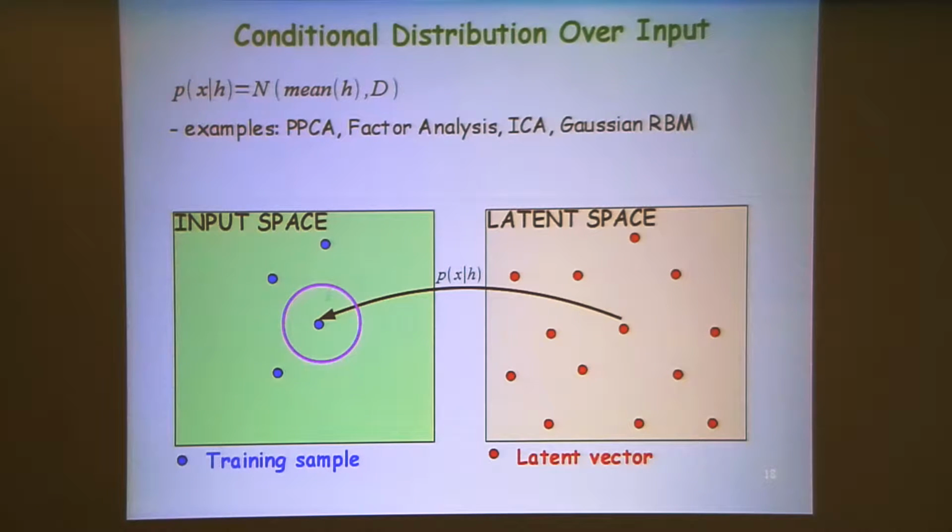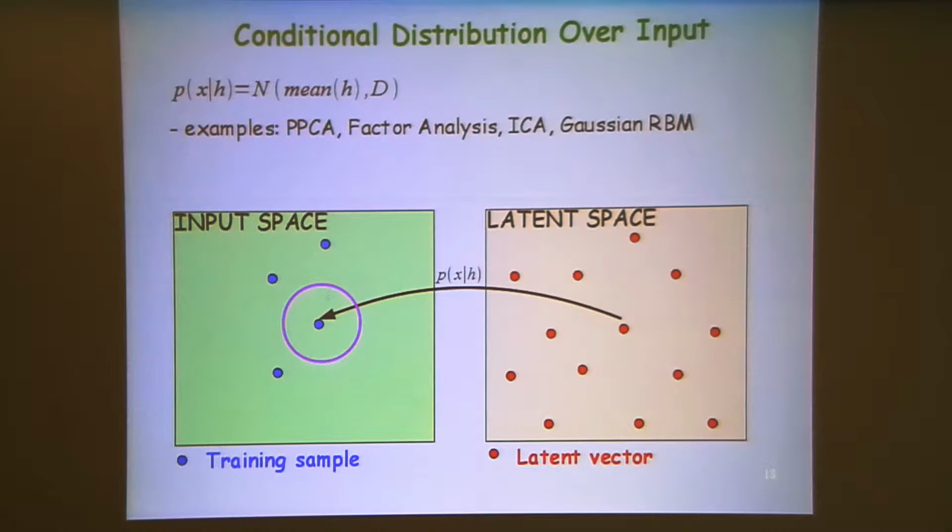And this is an alternative way of looking at things, and it is usually a bit easier. So if we look at the conditional distribution, call X the input and H your latent variables, then there is a very large class of models for which the conditional distribution over the input variables is a Gaussian, where the mean depends on the latent variables.